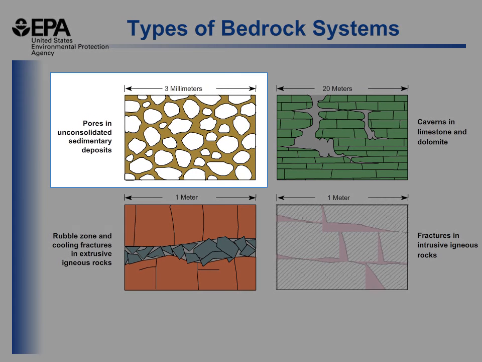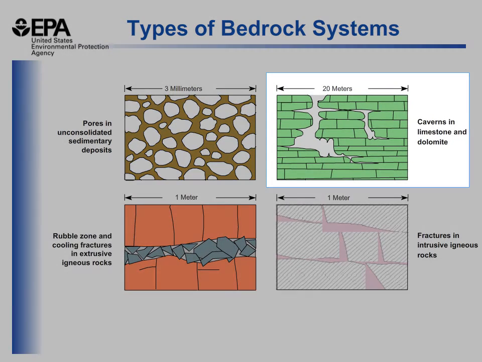The upper left graphic shows groundwater being collected, as was on the last slide, between the pore spaces of an unconsolidated sand and gravel or sedimentary system. Next to that is groundwater collected in the solution channels or caverns that can be found in limestone or dolomite. This is often seen in the southeastern parts of the United States, such as down in Florida, where there are a number of limestone aquifers that are used for drinking water supplies.